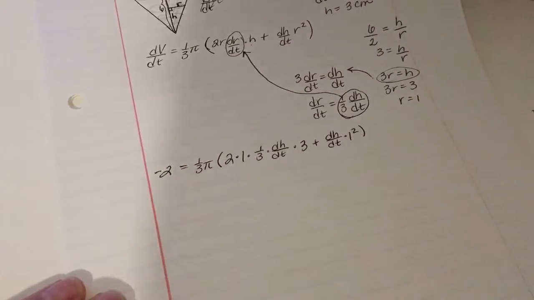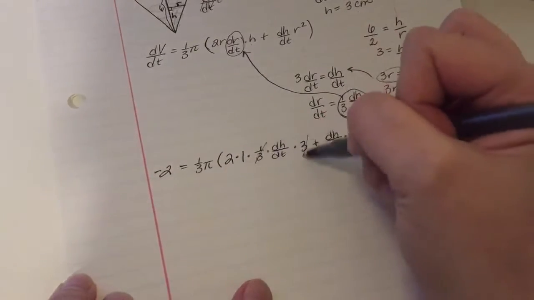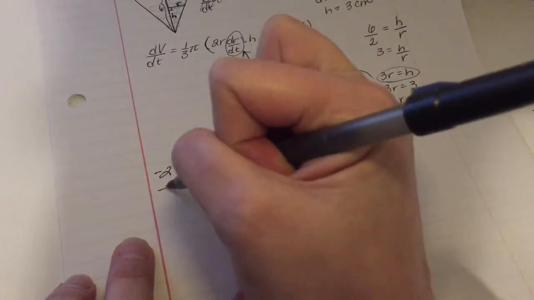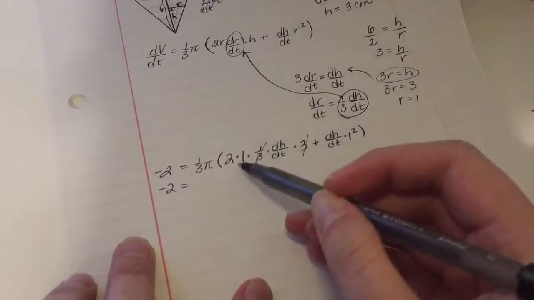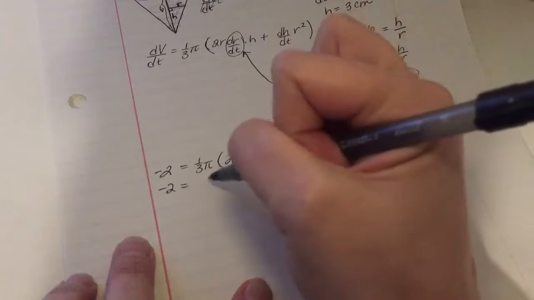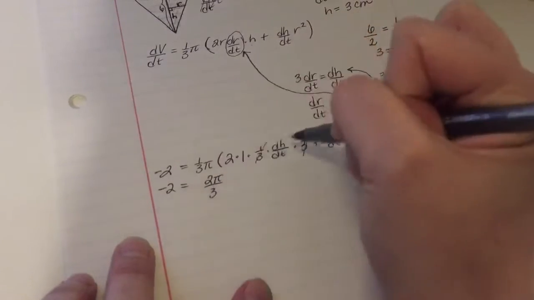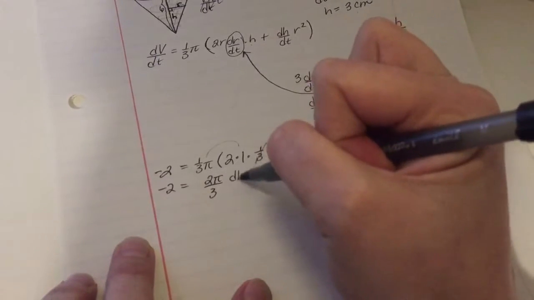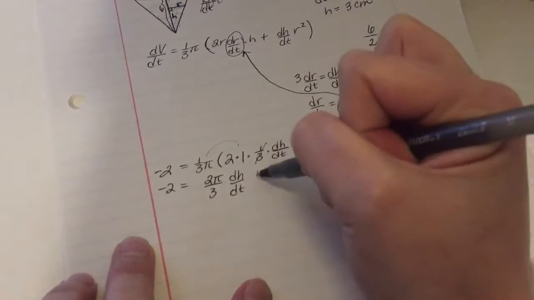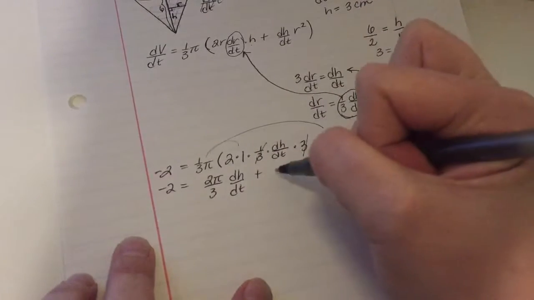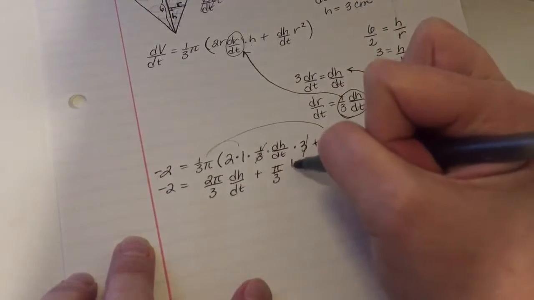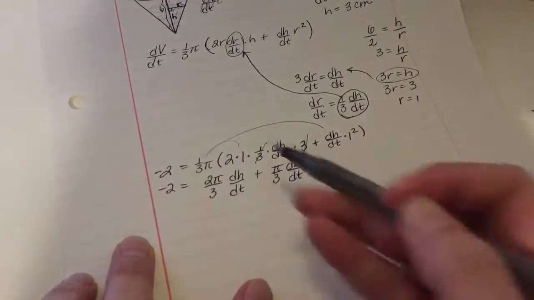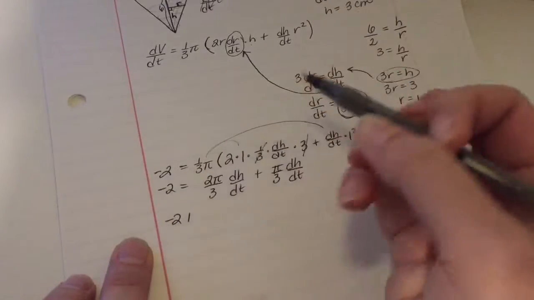So let's do it. Well, that's going to cancel with that, so that's nice. So I just get -2 equals, well, that's 2, so 2 pi over 3 dh/dt. I'm just distributing this in. Plus, don't forget to distribute it here, pi over 3 dh/dt. So now I have 2 pi over 3 plus pi over 3.